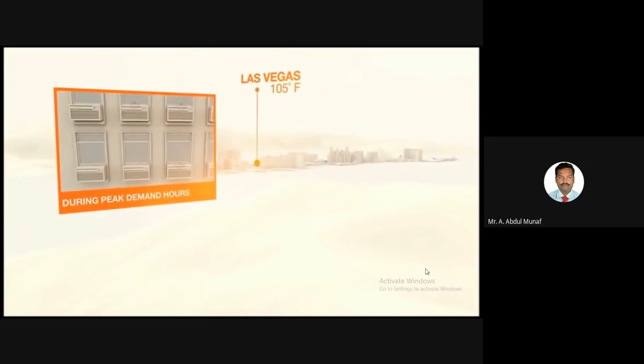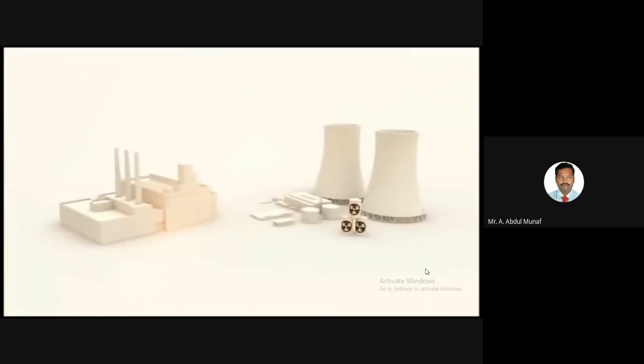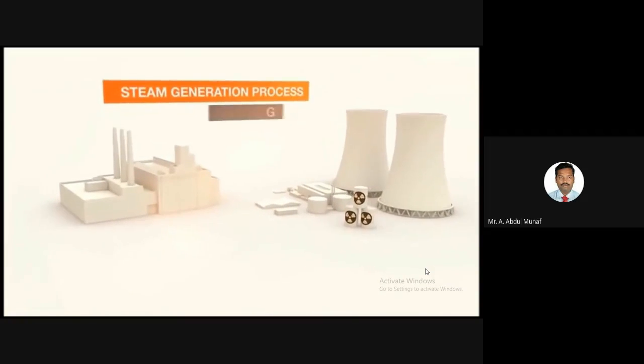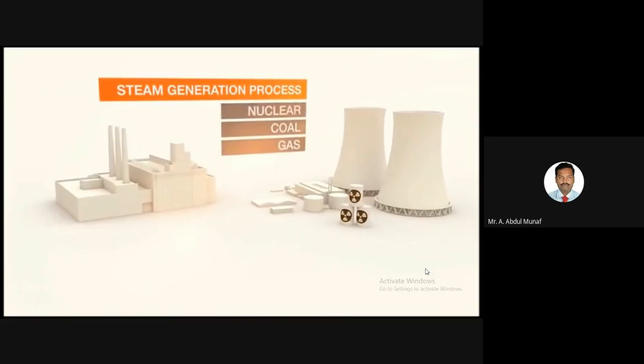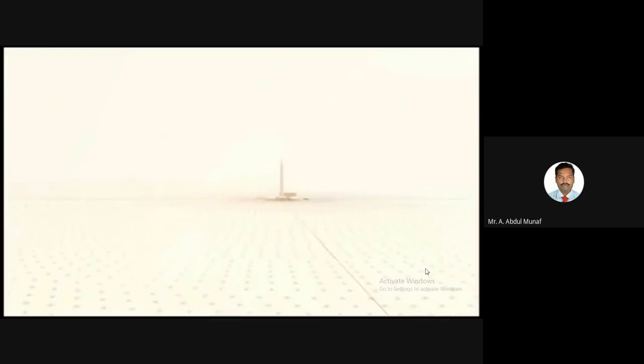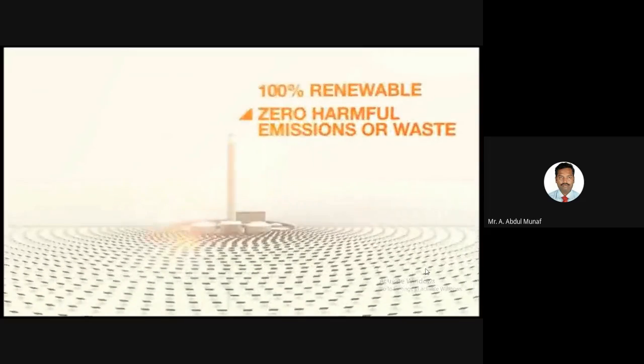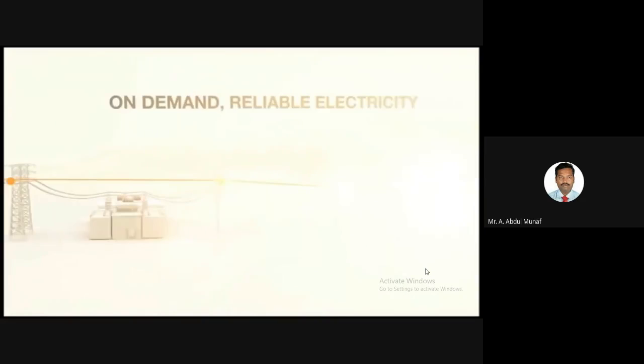The steam generation process is identical to the process used in conventional gas, coal, or nuclear power plants, except that it is 100% renewable with zero harmful emissions or waste. These plants provide on-demand, reliable electricity from a renewable source, the sun.